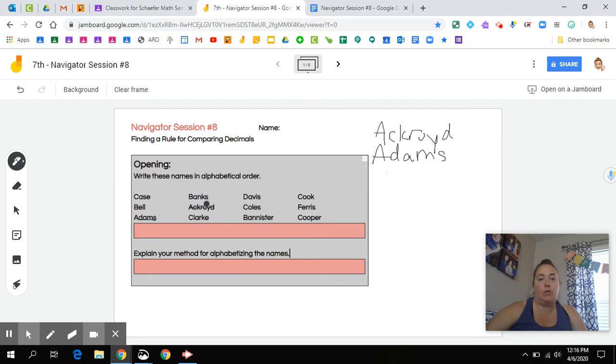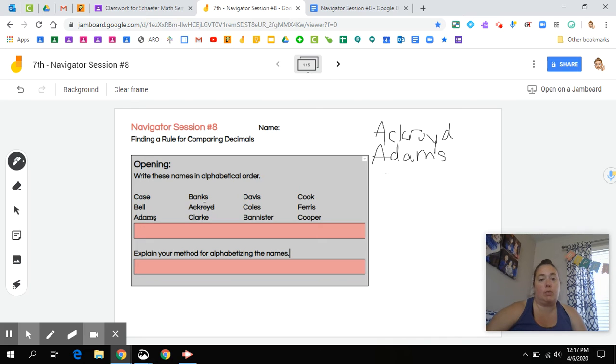And then I've used all the A's, so I could then go and look at all the B's. So I have Bell, Banks, and Bannister. They all start with B. BA will come before BE. So between Banks and Bannister, they both have B and A, and they actually both have the first N. And so I'm forced to look at the fourth letter in order to figure out how these are going to go in order.